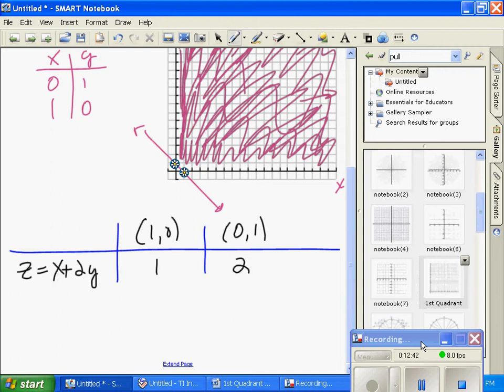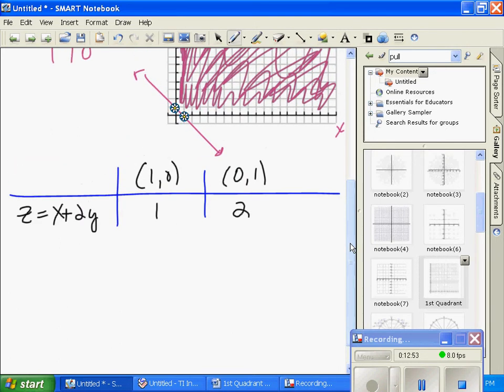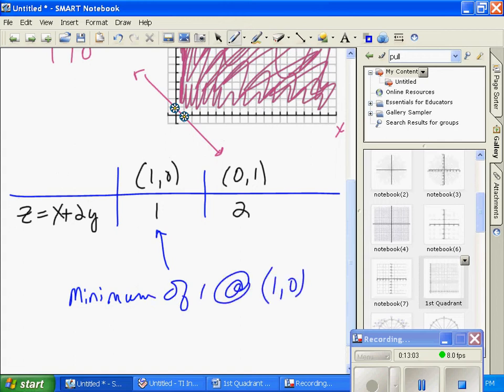Now, if I look at this, think about what we have. We don't just look at that and say I have a maximum at 2 and a minimum at 1. That is not what we have. Since I have an unbounded region up there, we say, here's our minimum. So I have a minimum of 1 at the point 1, 0.